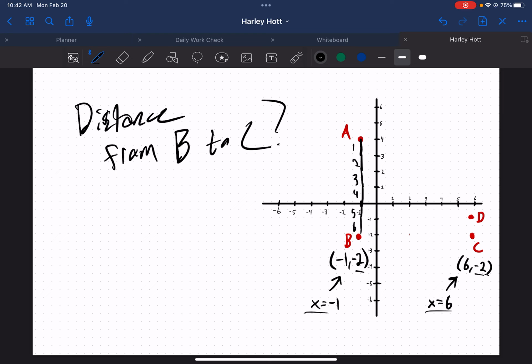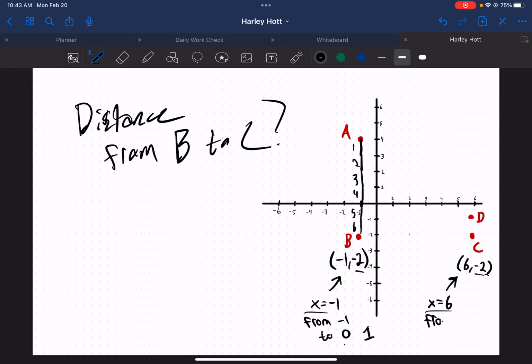Well, they are 7 apart. You have to count 7 up to get from -1 to 6. Another way to think about that more quickly is, how far do I have to go to get to 0 from x? From -1 to 0 is just a distance of 1.